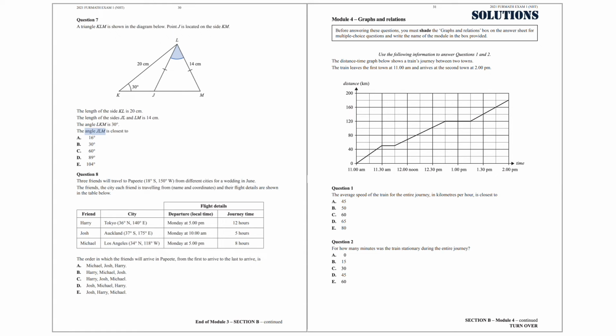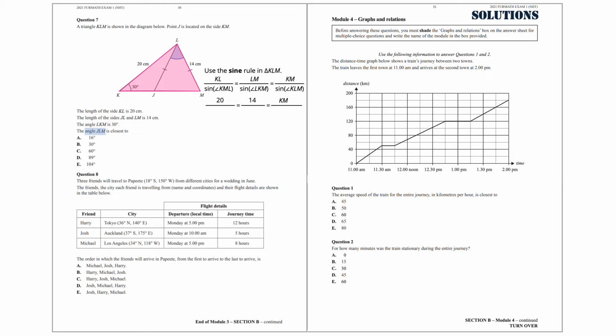We are going to use the sine rule in triangle KLM. That is KL over sine of angle KML equals LM over sine of angle LKM equals KM over sine of angle KLM. Now let's substitute the values we know. We know that KL equals 20 and LM equals 14.